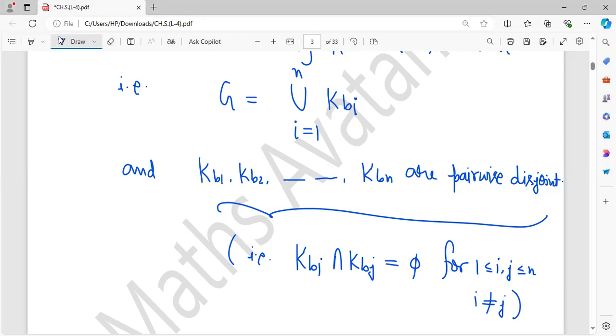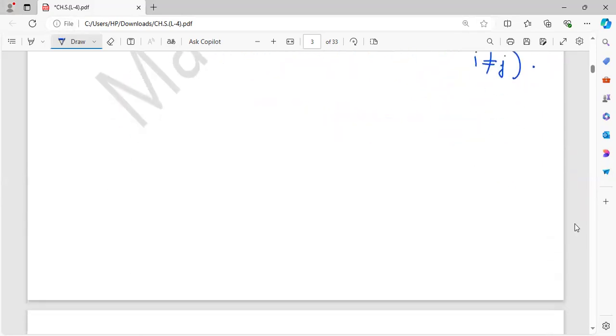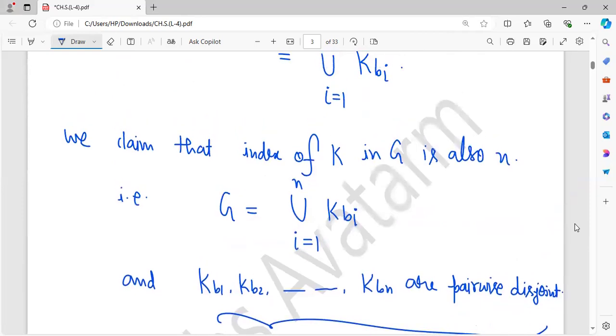The meaning is this. We will prove it by contradiction. If possible, suppose that... this fact is already proved.